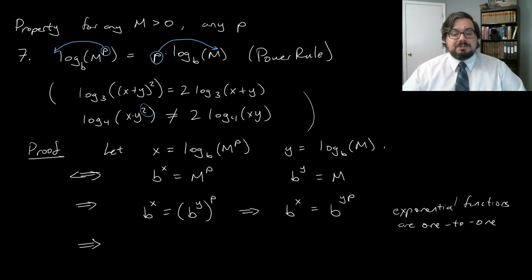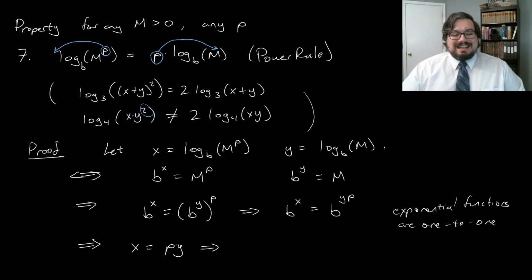In other words, if two exponential functions are equal and they have the same base, then their exponents have to be equal also. So this means that x is equal to y times p, or I'm actually going to write it as p times y to make the next step even clearer.